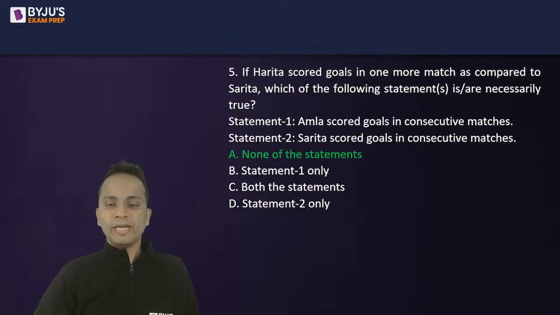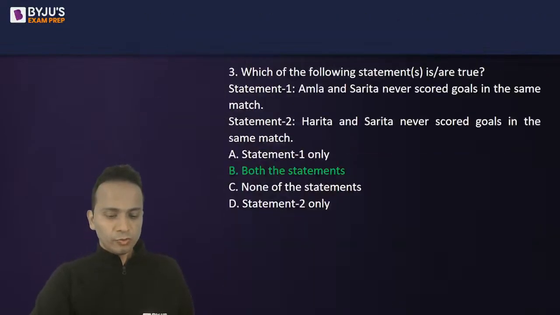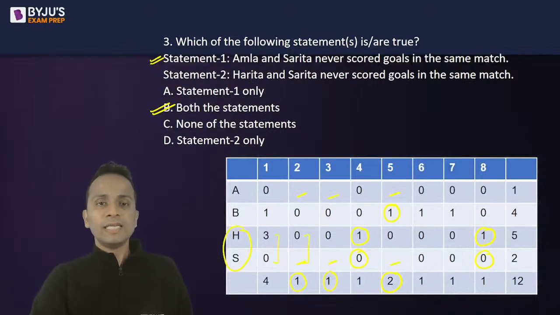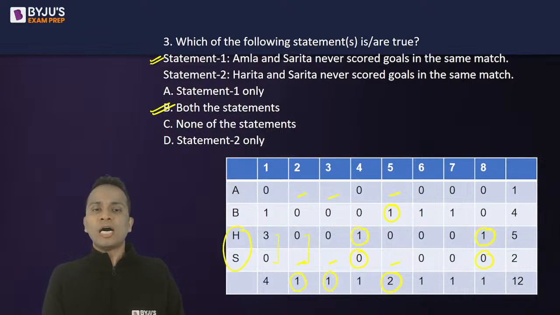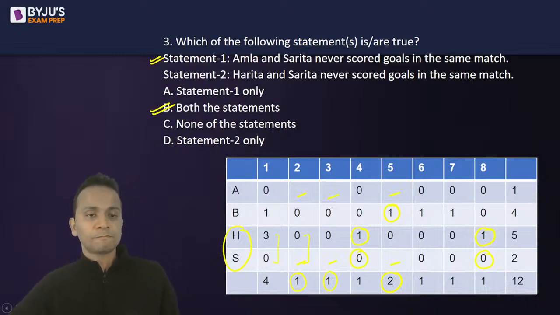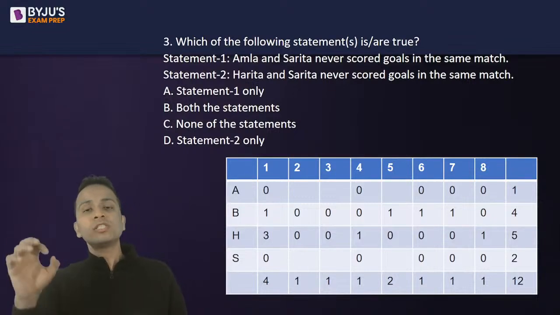All right. Now I'm moving back to question number 3, in which Harshad is saying that he has some doubt. Which of the following statements is or are true? Amla and Sarita never scored goals in the same match. Okay, so Harshad, the question is, Amla and Sarita never scored goals in the same match.